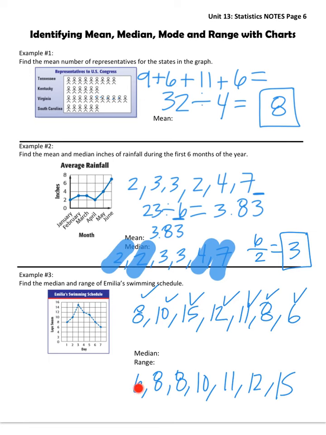Looks like we have 1, 2, 3, 4, 5, 6, 7. Okay, so the range would be the largest minus smallest. So 15 minus 6, which gives you 9. And the median will be the middle number. So that'll be 10.